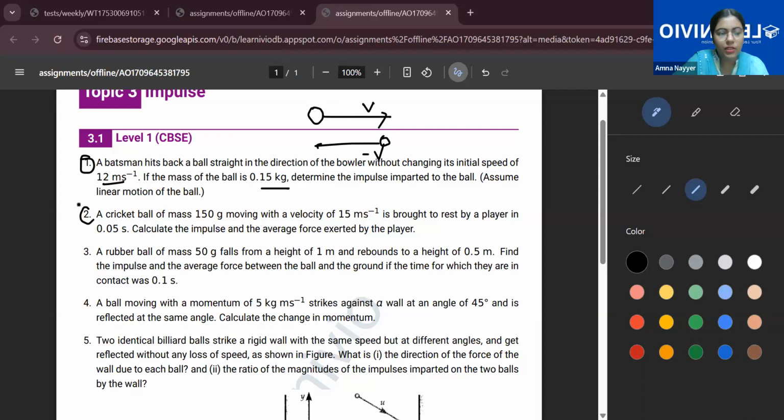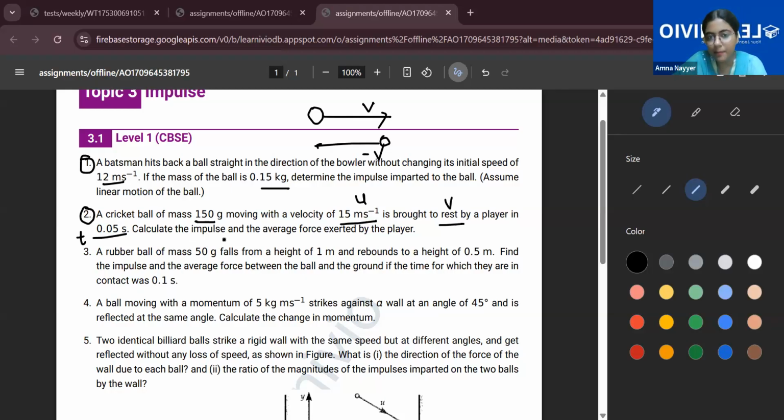Okay, now coming to the second question. A cricket ball of mass 150 gram moving with a velocity 15 meter per second is brought to rest by a player in 0.05 seconds. This is the initial speed, this is the final speed, and this is the time. Mass is also given.